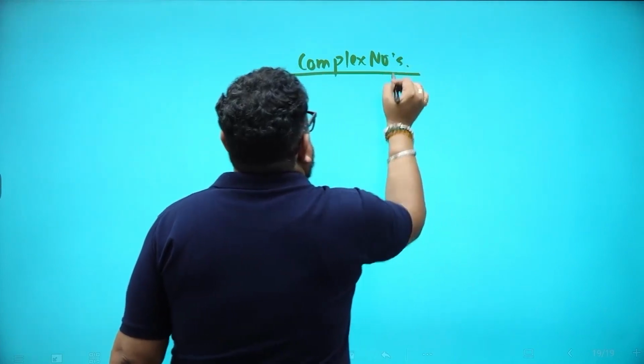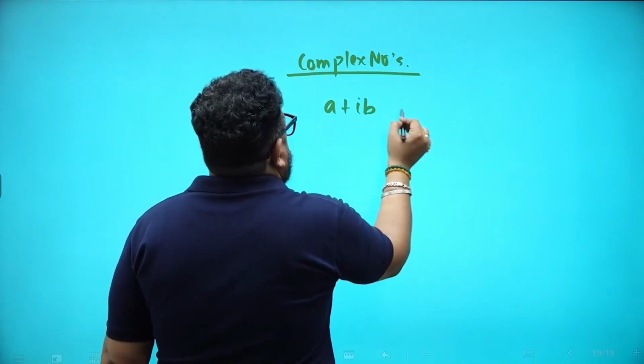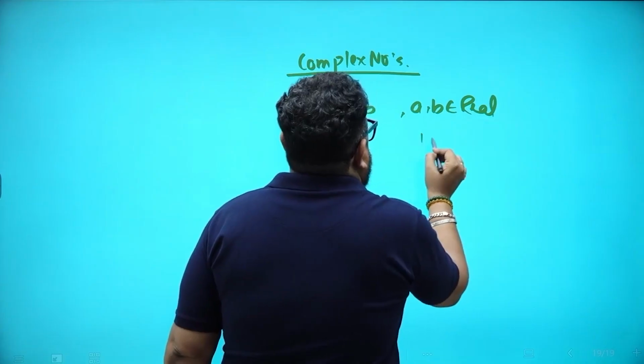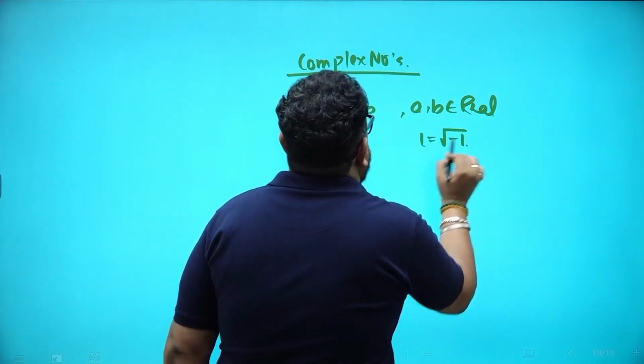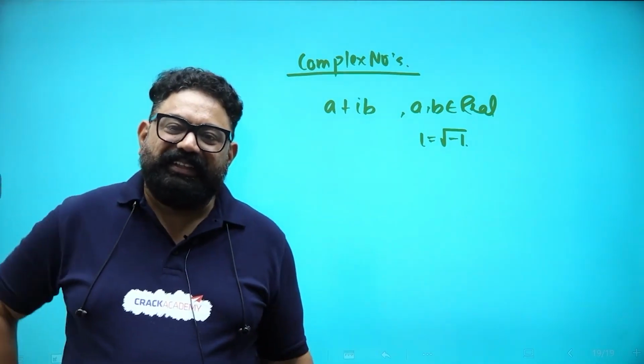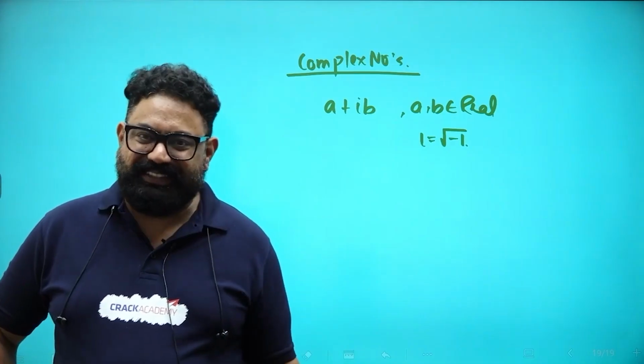We do talk about complex numbers. Numbers of the form a plus iota b, where a and b belong to real, and iota is under root of -1. So these are also called imaginary numbers because under root of -1 is not possible, isn't it?